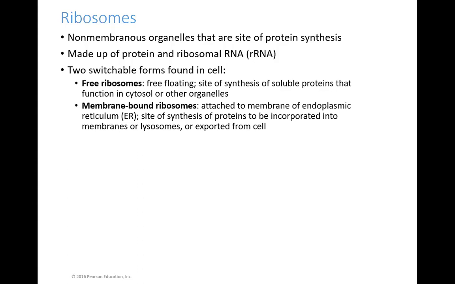Free ribosomes are present in other areas in the cytoplasm. We tend to see those making things like antibodies, maybe soluble proteins, but most of our ribosomes are attached to the endoplasmic reticulum.